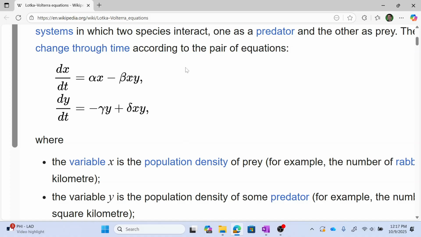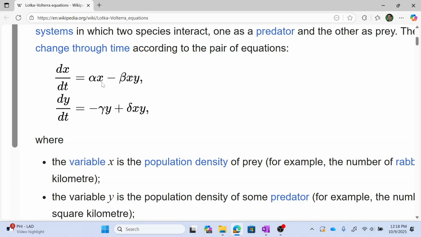Which totally makes sense because in this scenario, X is representing a prey species, and by contrast, Y is representing a predator species. So every time X interacts with Y, some of X is going to get eaten up. So it makes total sense that this will have a negative effect on the population.